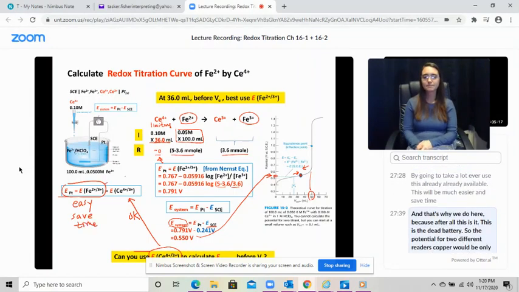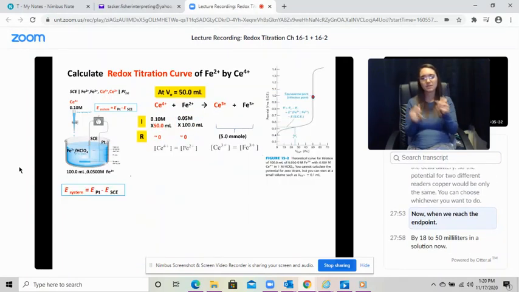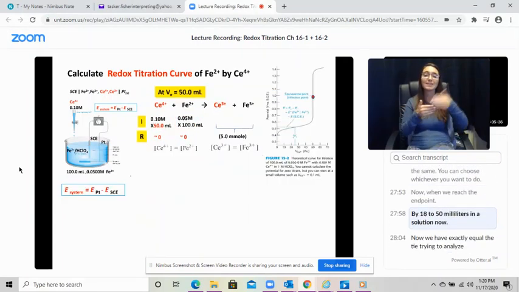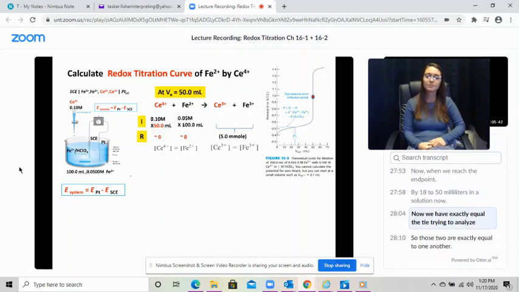And that's why we do it here. Because after all, this is a dead battery, so the potential for two different redox couples will always be the same. You can choose whichever you want to do. Now we reach the endpoint. By adding the 50 milliliters in the solution, we have exactly equal titrant to analyte.